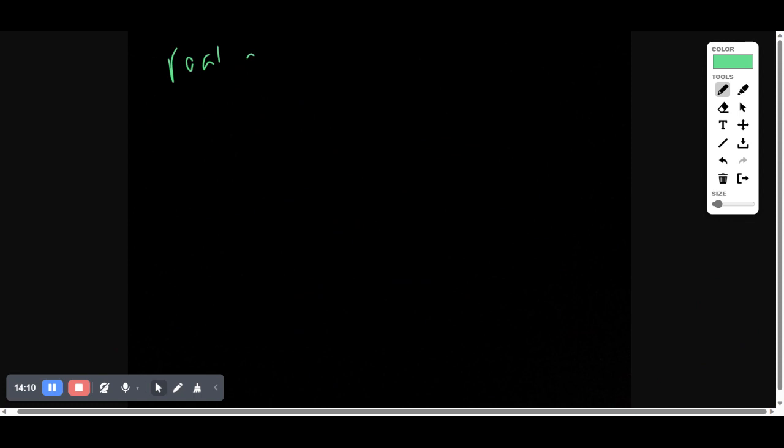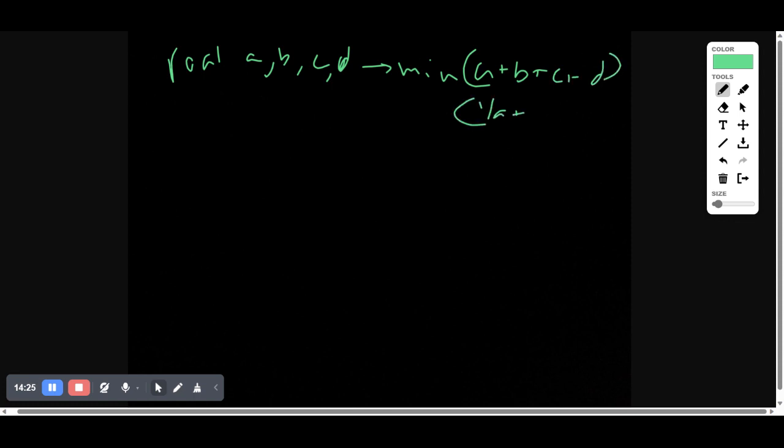So we have real A, B, C, D, and we're going to minimize A plus B plus C plus D times the quantity 1 over A plus 1 over B plus 1 over D, right? Or just write dot for multiplication. So we're going to minimize that for real A, B, C, and D.